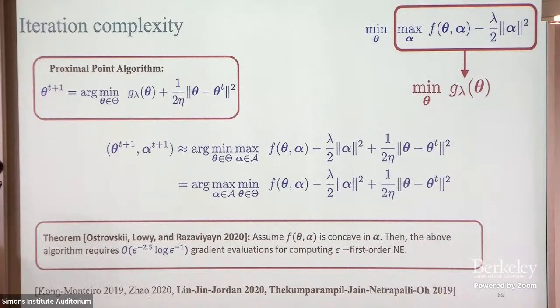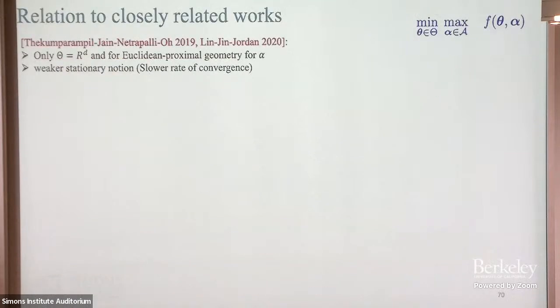This paper, which appeared a few weeks after us, resolved this issue. I want to spend one slide talking about the differences in terms of the result, because it related to one technical aspect that helped us use all the building blocks in the literature.